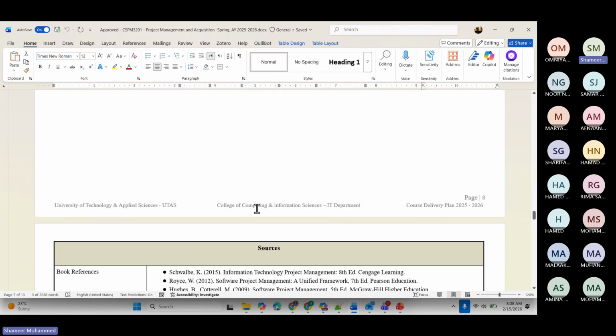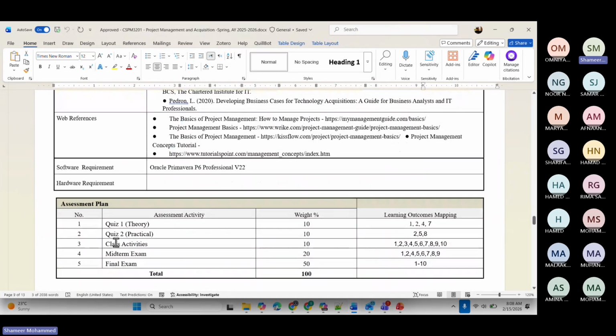It carries 10 marks to you. See this one, activities. There are 10 activities you have to solve and submit to me. In this course, you have quiz 1, 10 marks. And this one is quiz 2, that is the lab exam. That usually we have in week 12 or week 10, something like that. That is 10 marks.